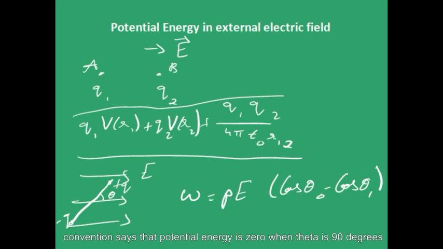And note that this will take care of the sign as well, because if initial theta naught is greater than theta 1, as you know, for cosine, the smaller the angle, bigger the cosine. So if theta naught is greater, you will get the final energy to be negative, which means that you don't have to do work, you will get work. And let's move on to our next topic.